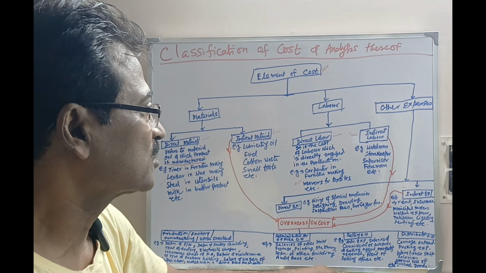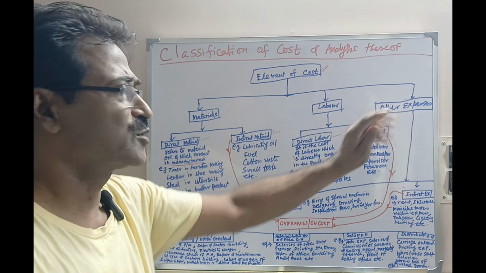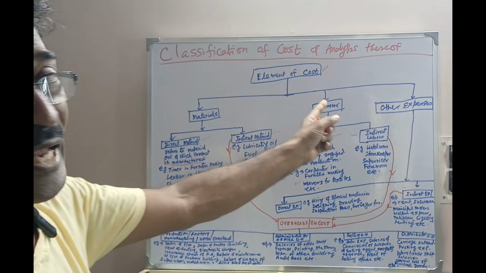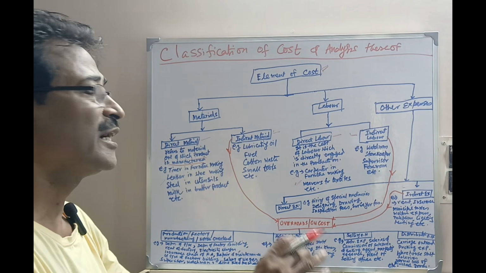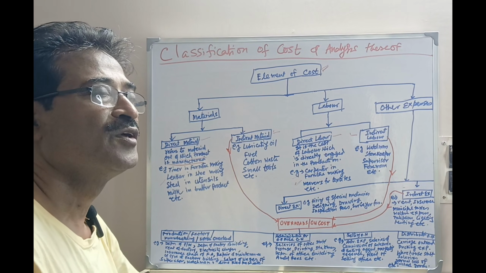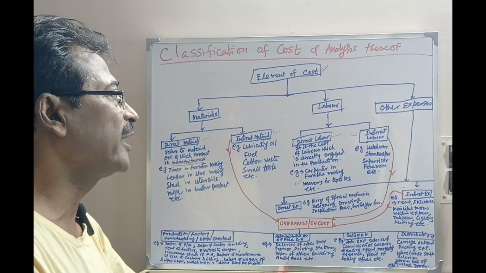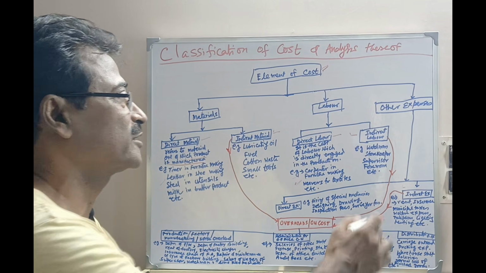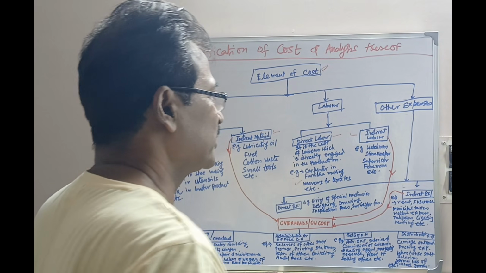And other expenses: other than material and labor, there are certain expenses which are wholly and exclusively required for production. That is called other expenses.